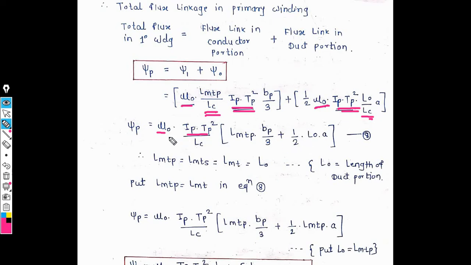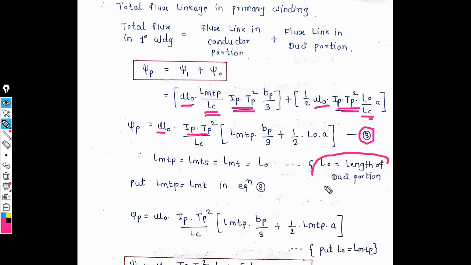Now this is the rearranged equation. It is called equation number 8. Then length of mean turn of primary winding is equal to length of mean turn of secondary winding, is equal to length of mean turn of winding, is equal to length of duct portion.